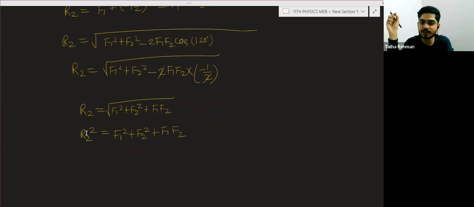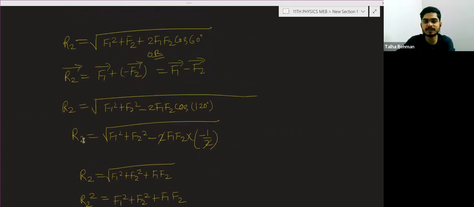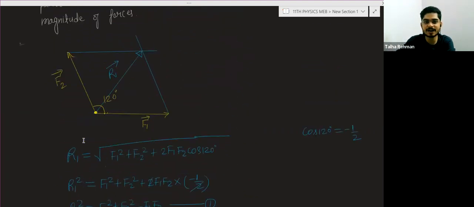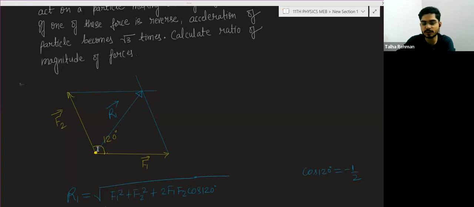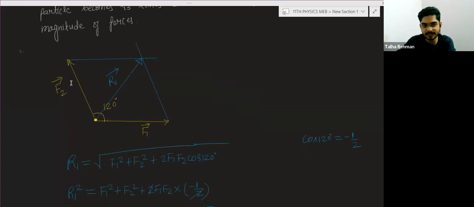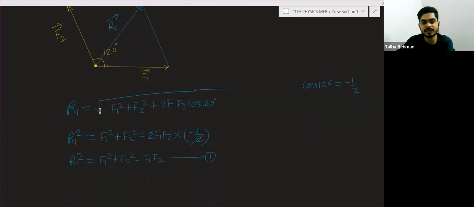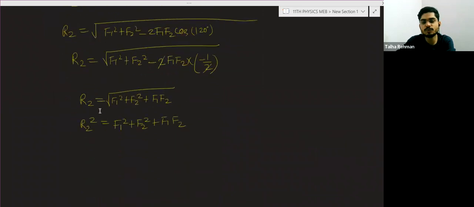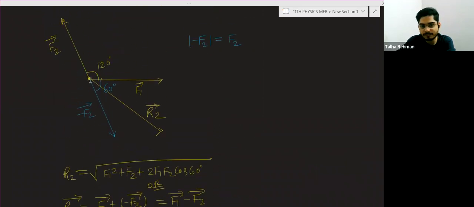R2 will be the resultant of F1 vector and F2 vector. Then R2 must be a force, because when we add the forces, we will get a force. So here R2 and R1 are forces. What is R1? R1 is the total force on the particle when two forces are acting on the particle at an angle of 120 degree. And what is R2? R2 is the force when one vector is reversed. This vector is reversed, so you have this R2.